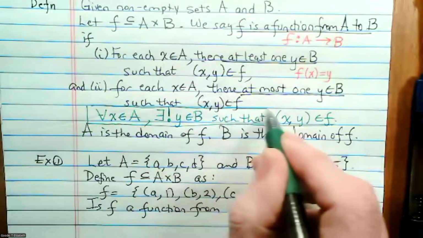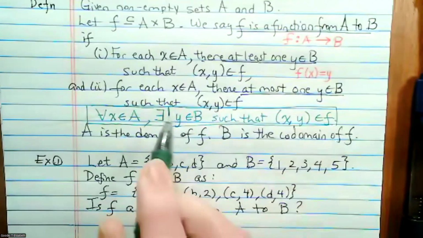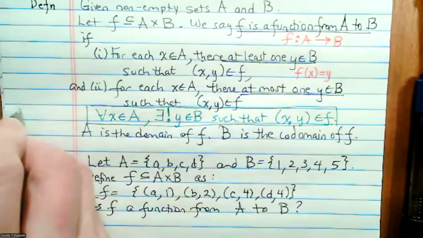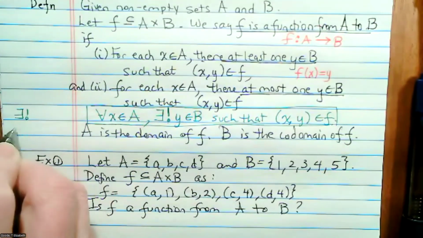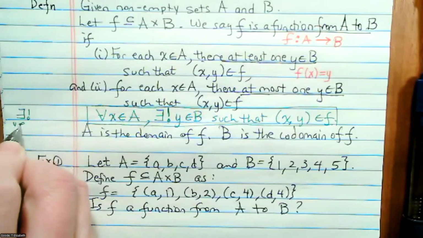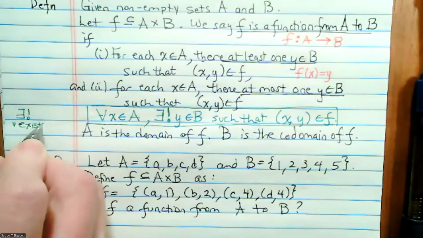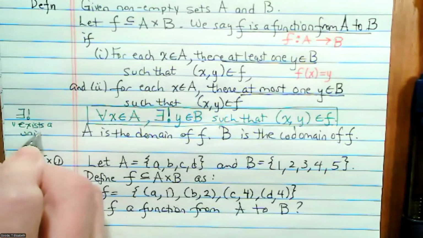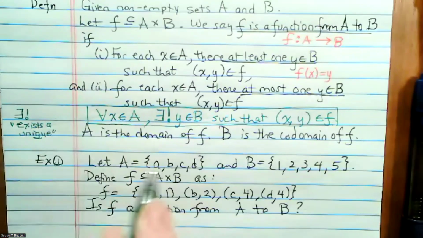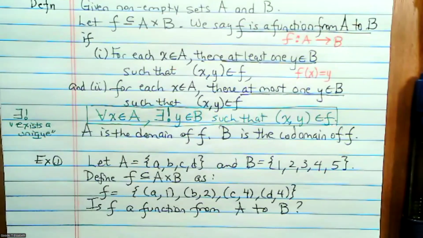It means for every X in the domain, there has to be a unique, exists with an exclamation point, means there exists a unique Y that pairs up with any given X.